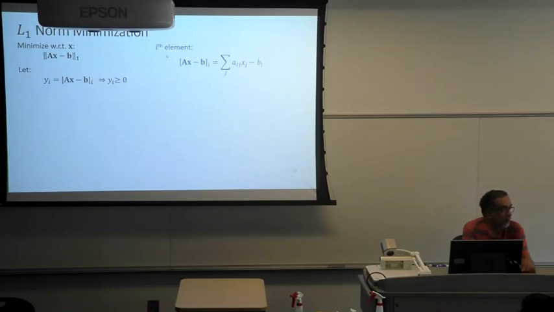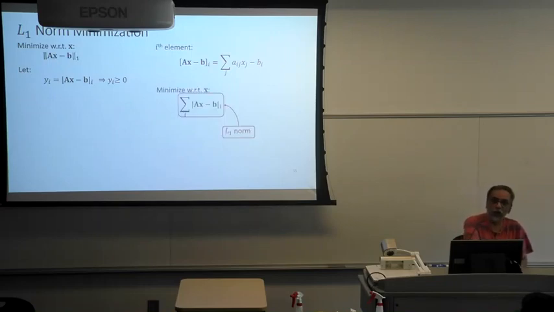So what's the objective function? Summation over i of the absolute values of all the elements, which is summation of yi summed over all i's. That's the L1 norm.